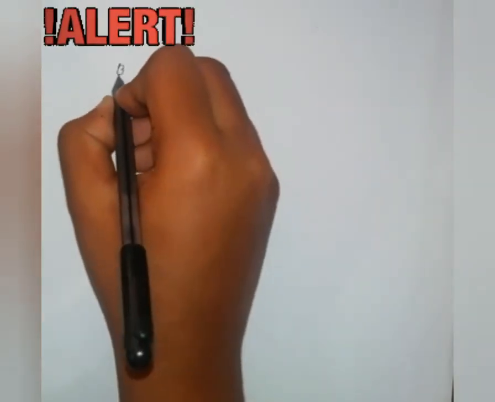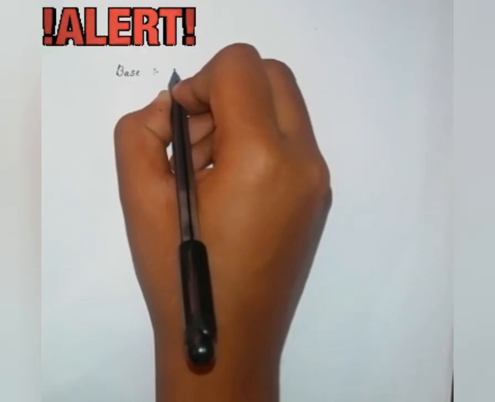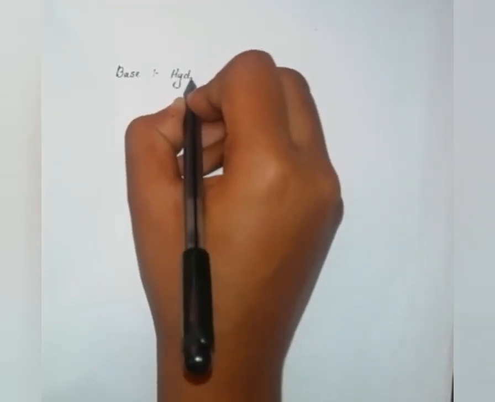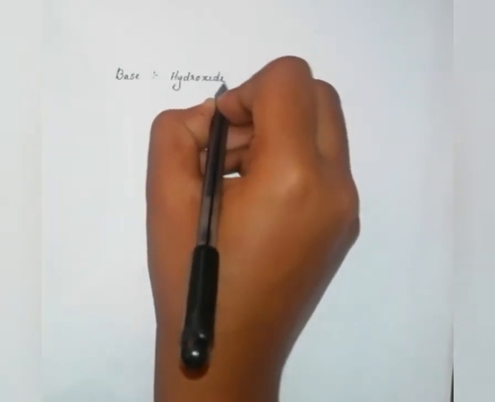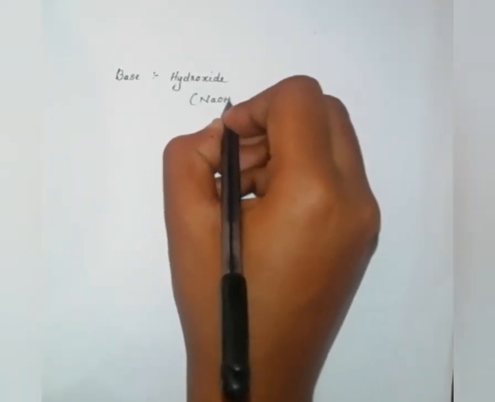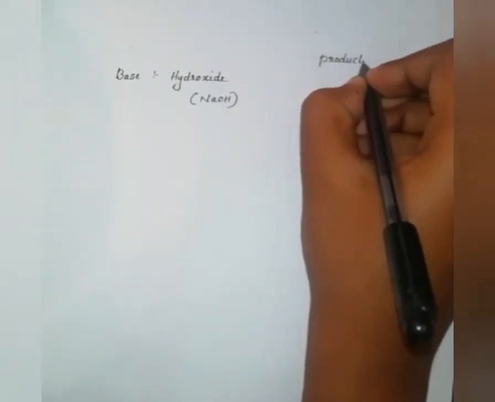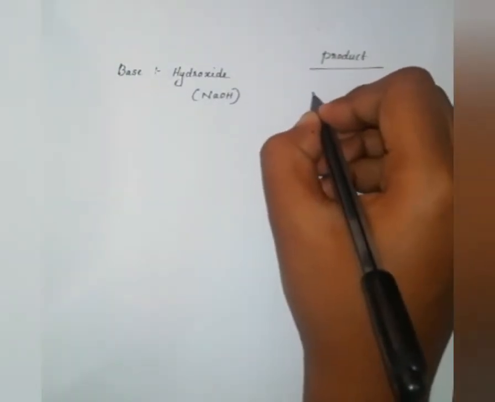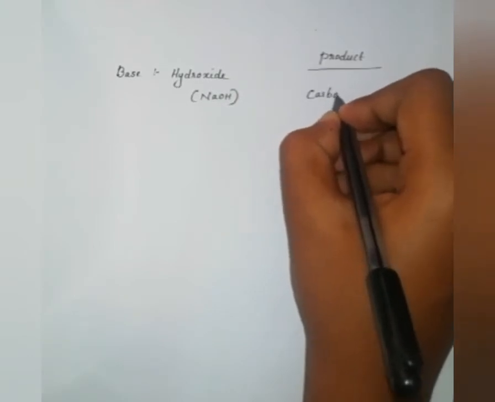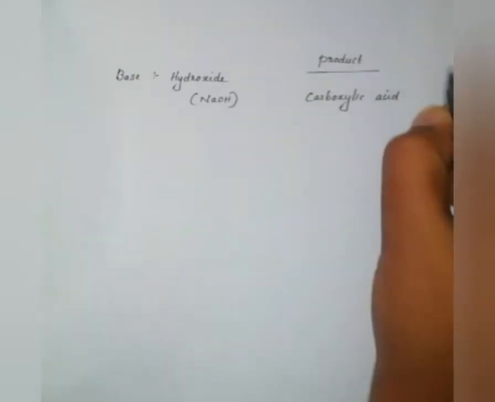If the base is a simple hydroxide, that is, the base has hydroxide ion, for example NaOH, the product is a carboxylic acid.